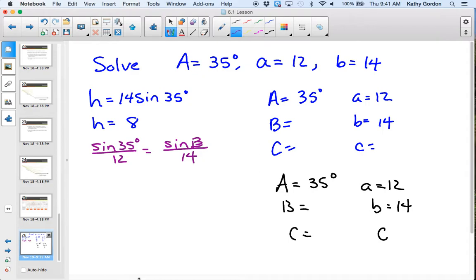The sine of B. So to actually get B, I then have to do inverse sine of that result. And so you'll end up with a B value of about 42.